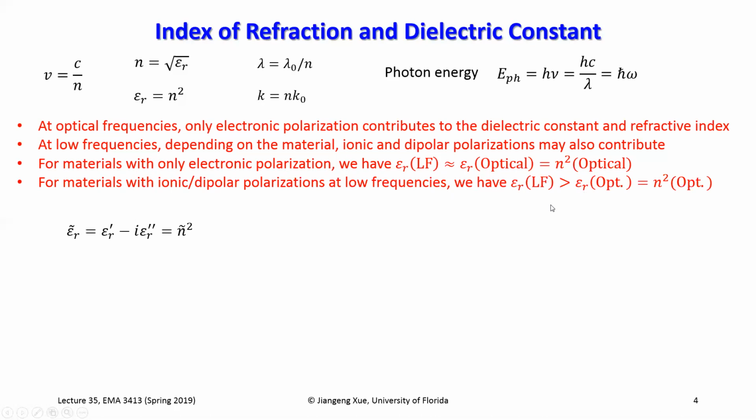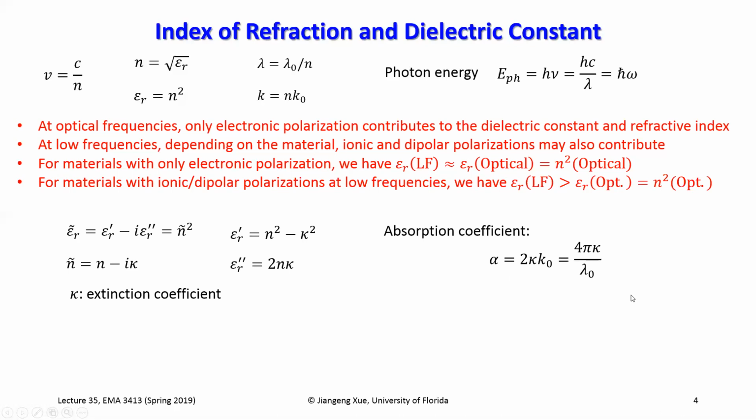Previously we have also learned that the dielectric constant may have an imaginary part in some cases. That means that for the index of refraction, we now have the complex index of refraction, which also has an imaginary part, which we call the extinction coefficient. This extinction coefficient is related to the absorption coefficient. Through this formula, they are proportional to each other, kappa and alpha.